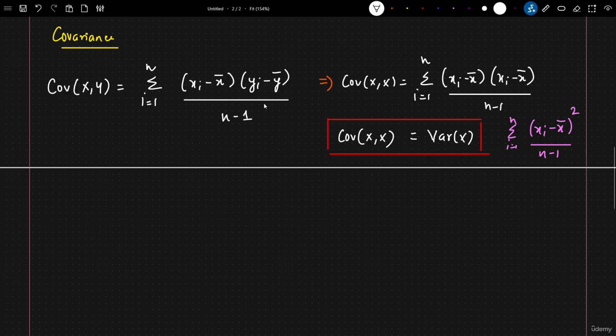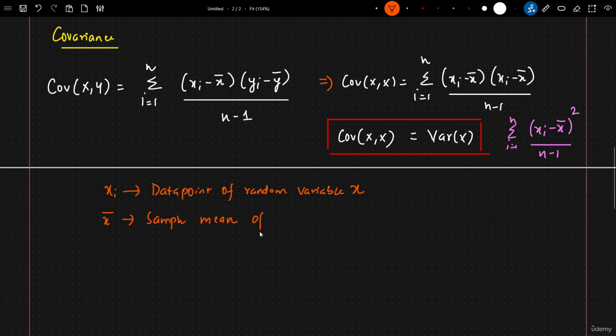So here I'm going to go ahead and write x of i. x of i is nothing but my data points of random variable x. Okay. Then what is x bar? x bar is nothing but sample mean of x.